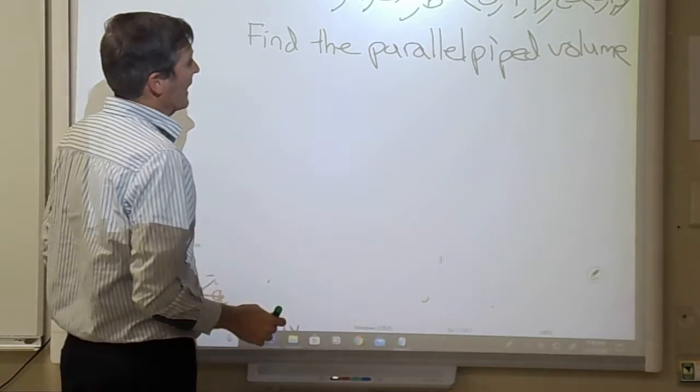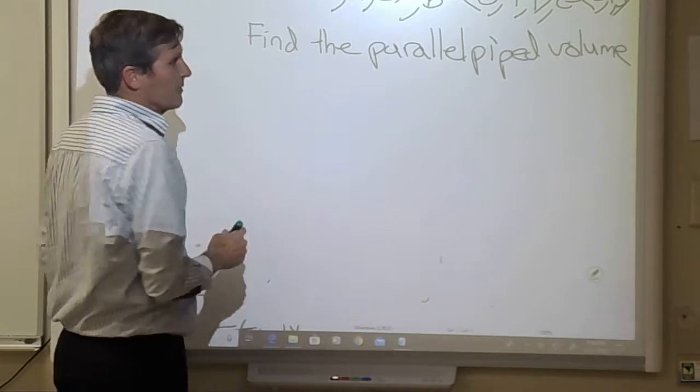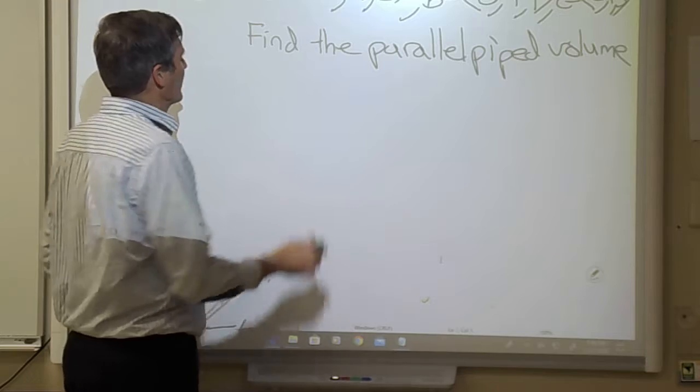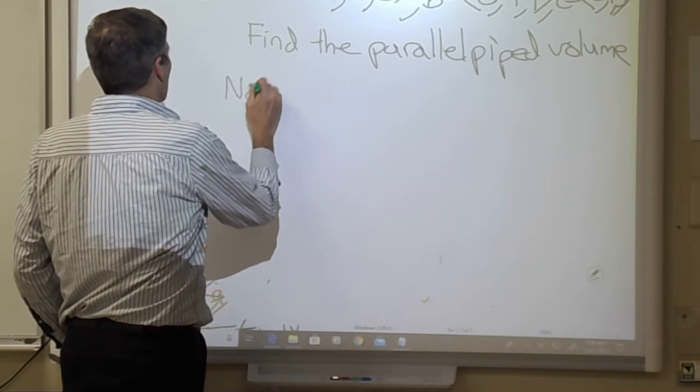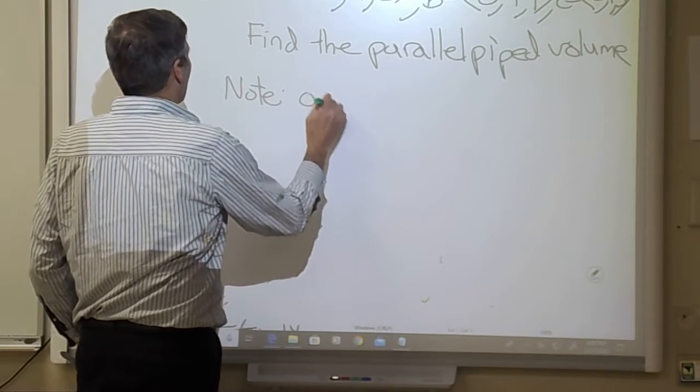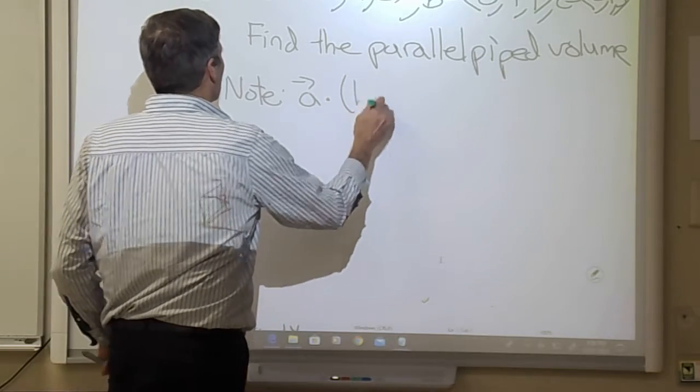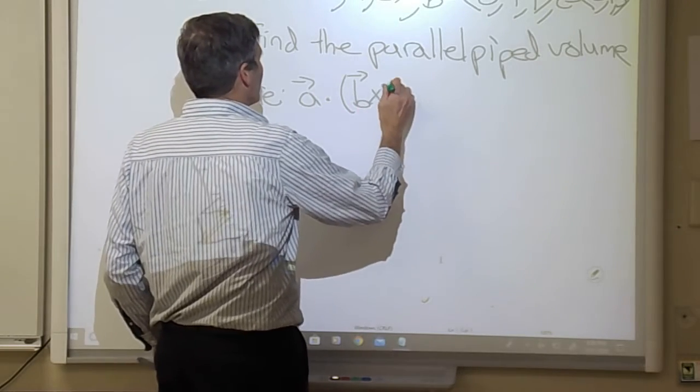Well, you just have to take A dot B cross C, absolute value. Well, it turns out there's a fast formula for this. Note, if you take A dot B cross C, what are you doing?